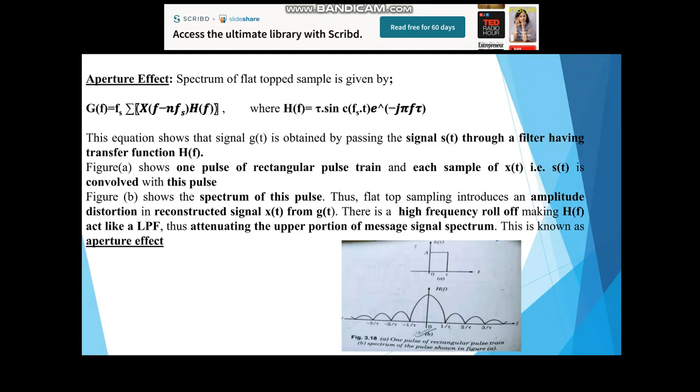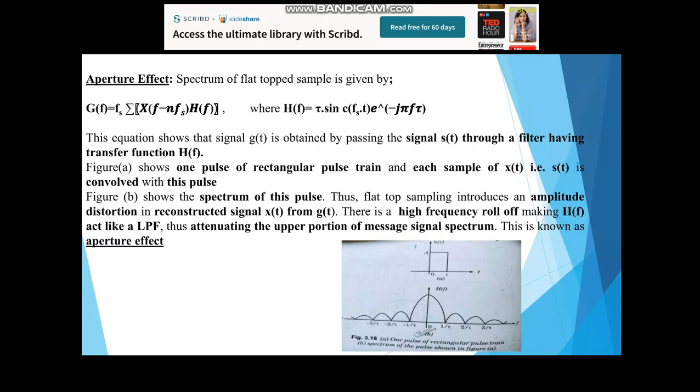Aperture effect. The spectrum of the flat-topped sample is given by this equation, which shows that the signal g(t) is obtained by passing the signal s(t) through a filter having transfer function H(f). The figure shows one pulse of the rectangular pulse train, and each sample is convolved with this pulse.